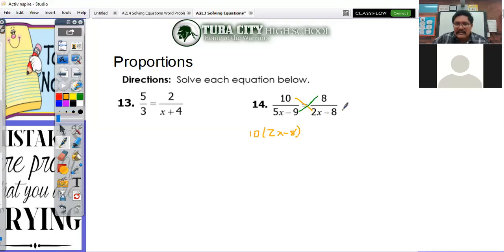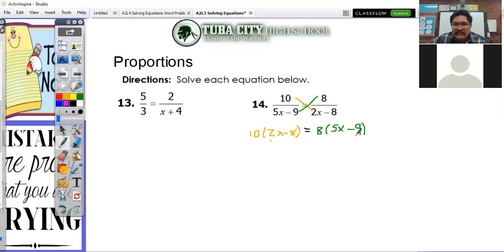So that means there is a parenthesis around the 2x minus 8. There is also a grouping symbol around the 5x minus 9. So that means I'm going to have to do 8 times 5x and 8 times negative 9.